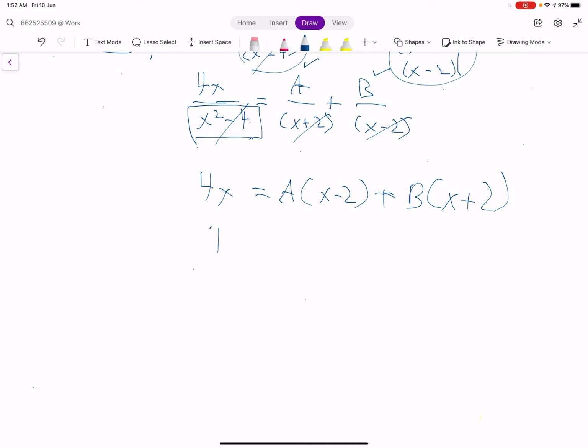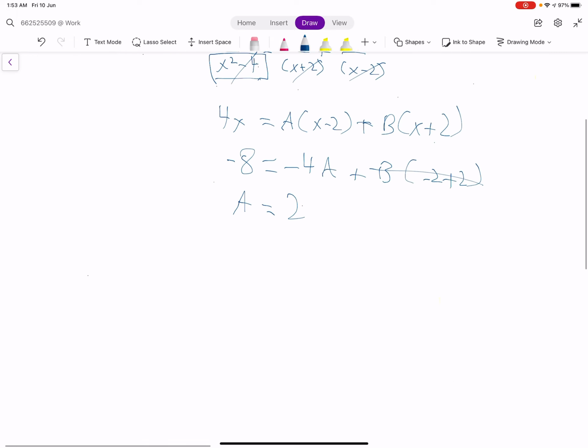So it will be 4 times minus 2, which is minus 8, equals minus 4A, and here the other term is already 0. I will just write it down. So it will cancel out, so A will equal 2.